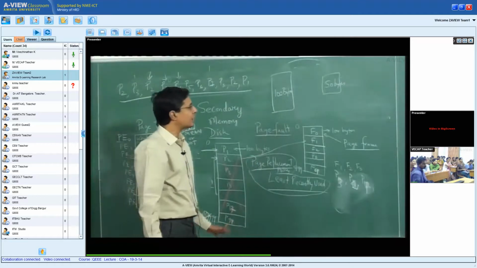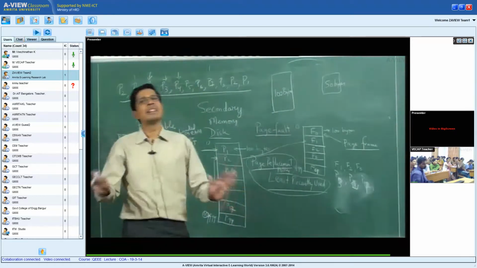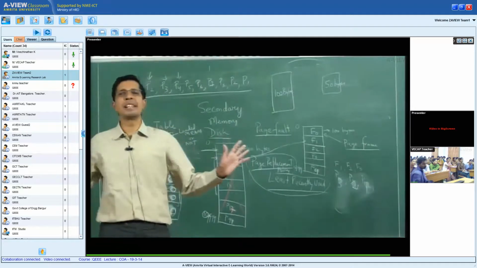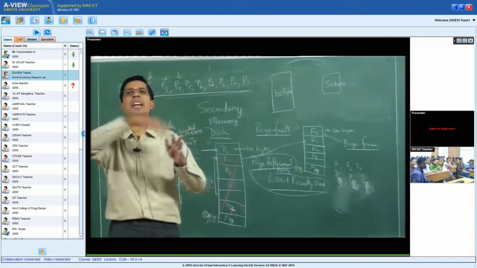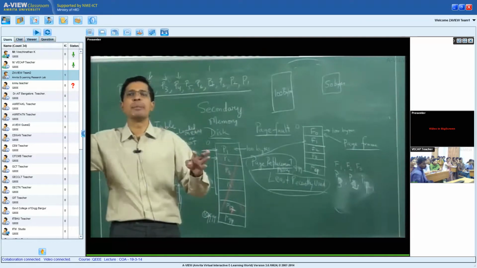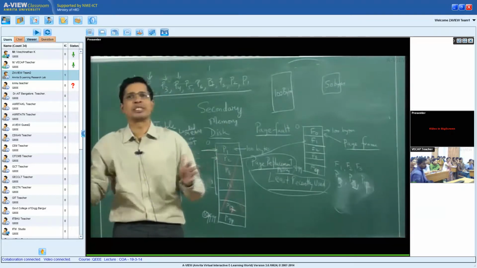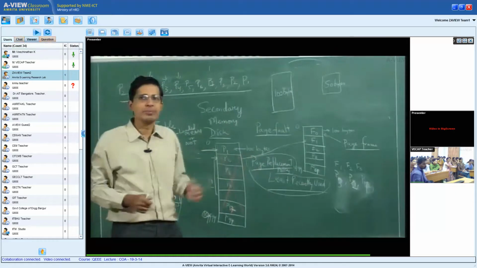Now here in the case of paging, what happened? The compiler just compiled it as a normal program. The hardware took care of moving pages back and forth from the primary memory to the secondary memory and vice versa. That you understood.